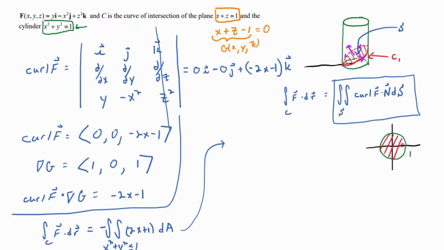So can you set up the limits of integration for me? 0 to 1, and so the opposite of the integral from, if you set up the inner one first, so think of a radial spoke. It's r dr d theta, so 0 to 1 on the inside, right? Then 0 to 2 pi. And then I factored out the negative, so, 2x plus 1. What would that be?